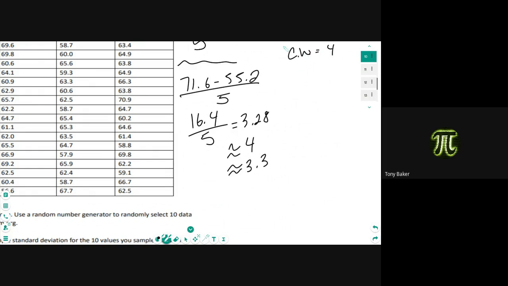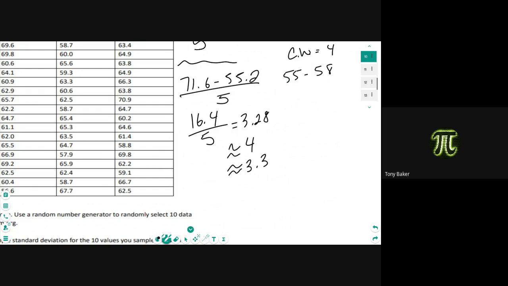If I do 4, let's start at 55. We'll do 55 to 58. You don't have to start at the smallest number. You can start lower than that, as long as whatever you break down your classes with, your end has the biggest number. Since I'm going up with a class width of 4, I'm pretty much going to be spread out there, so I'm probably going to be fine.